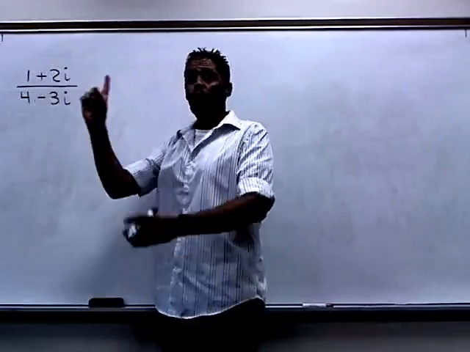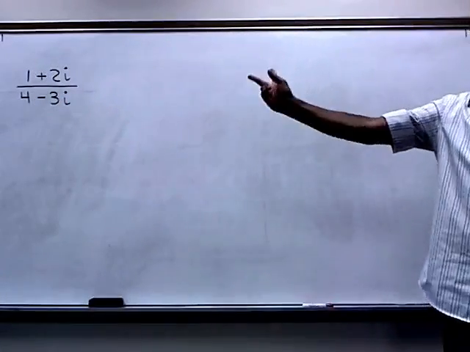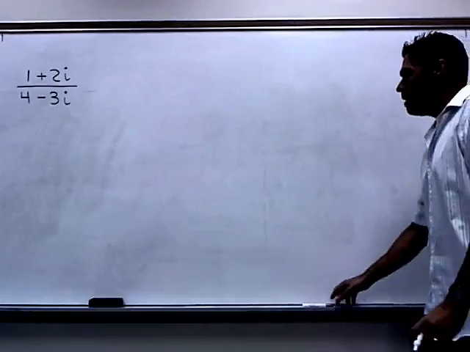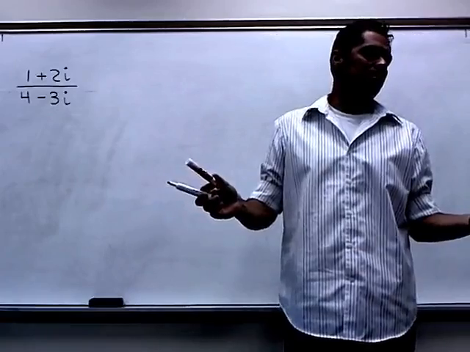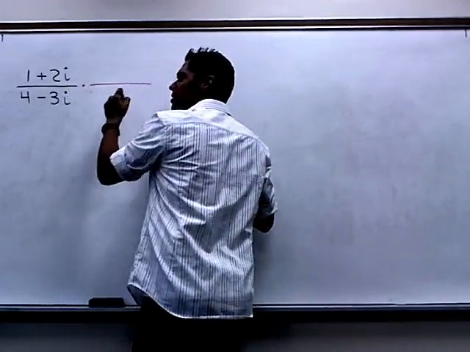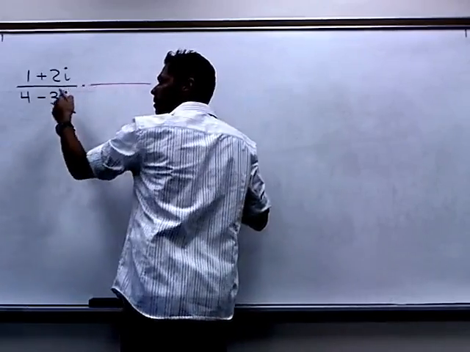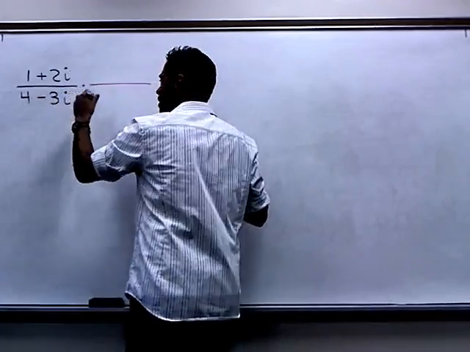So if we have just one term in the bottom with an i, then we come in with just an i and we're done. But if we have two terms like this, what you come in with has a name. It's called the complex conjugate. All you need to remember is you're going to multiply top and bottom by whatever you see down here, but change the sign between them.